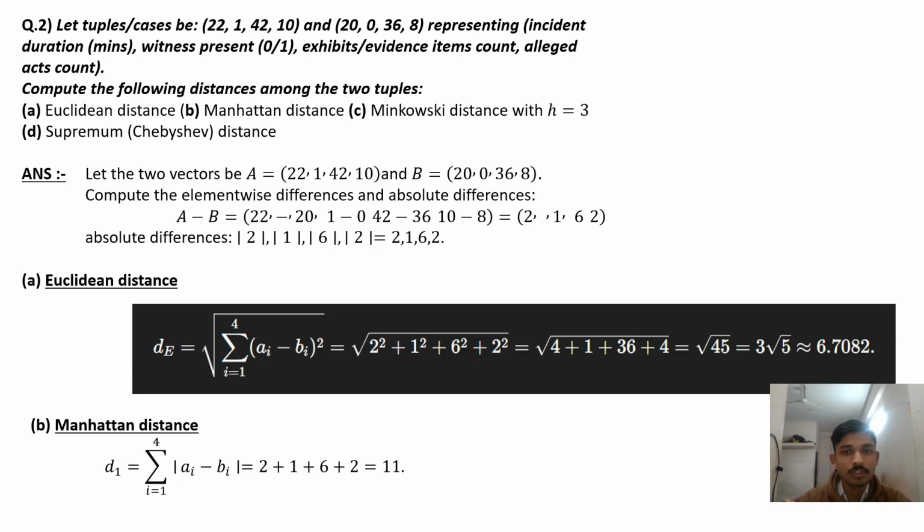So we have written down the attributes and their absolute differences, which are 2, 1, 6, 2. For Euclidean distance, this is the formula. Here we have four values in each tuple, so i goes from 1 to 4, and we take the square root of the summation of squares of these values, so the answer becomes 6.7.